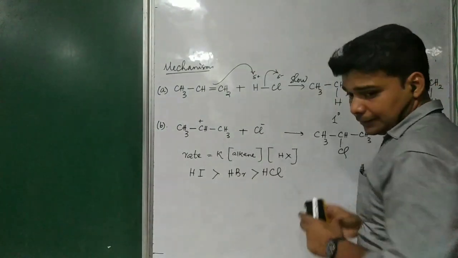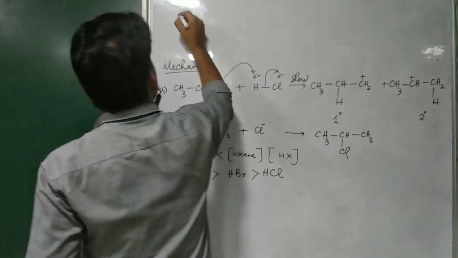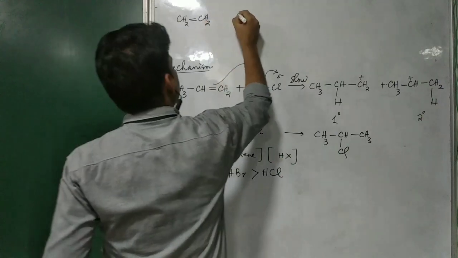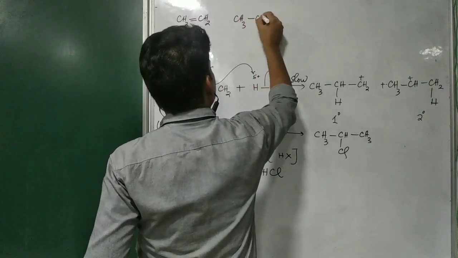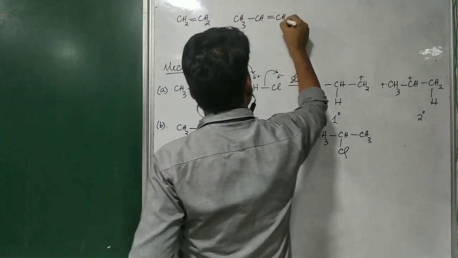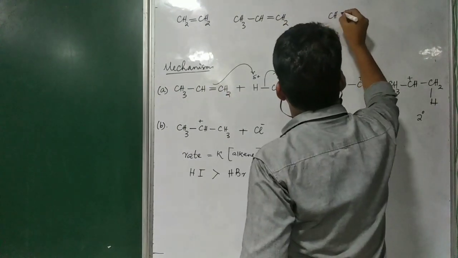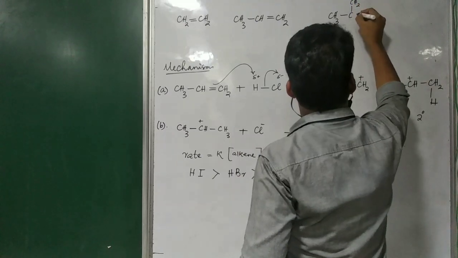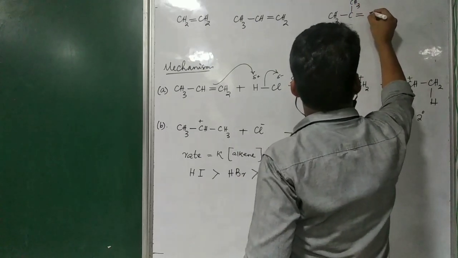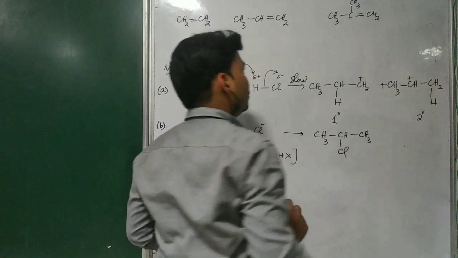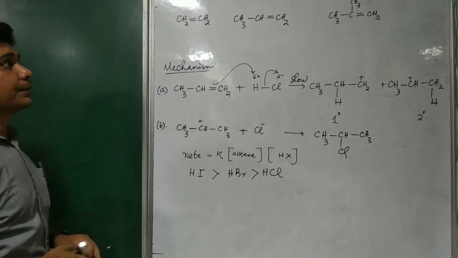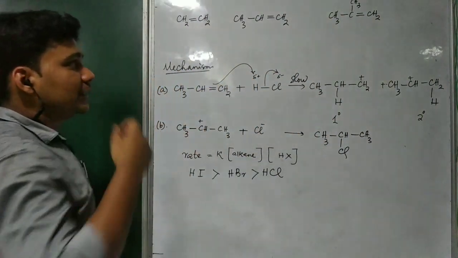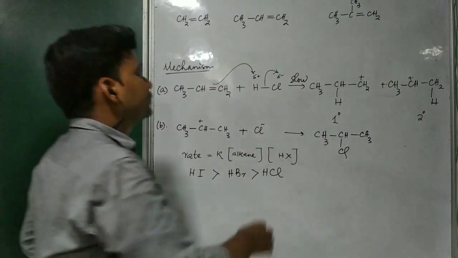One is ethene. Second one is propene. And third one is isobutylene.